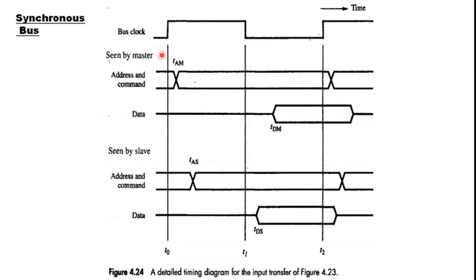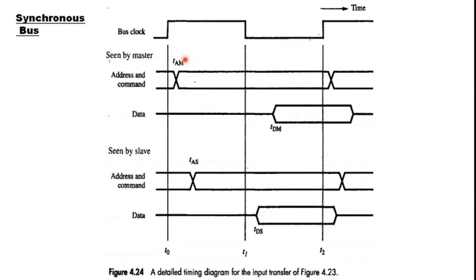As our initiator is the master, we will start from the master side. At t0, the master is supposed to put the address and command to be given to the slave. Actually it will put it at t0, but its bus driver circuits will be able to drive that information to the bus only by the time tAM.